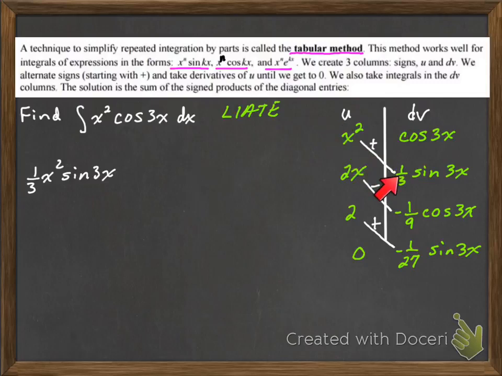All right, so the next term is going to be negative 1 times 2x times negative 1/9 cosine 3x. Well, negative times negative will become positive. So we'll have positive 2/9 x cosine 3x.